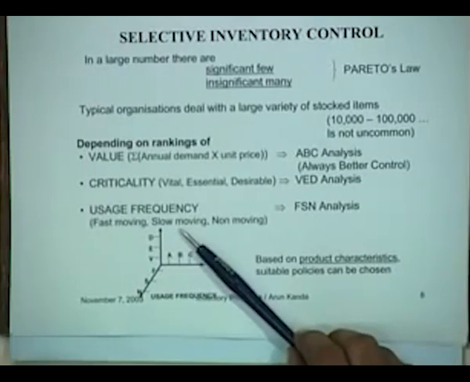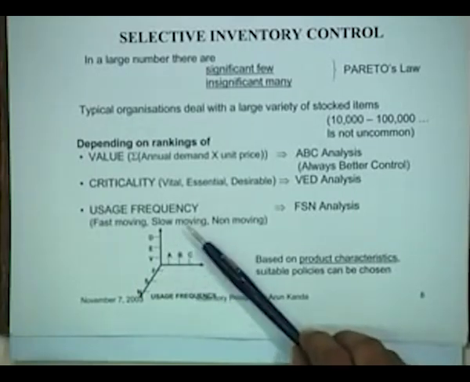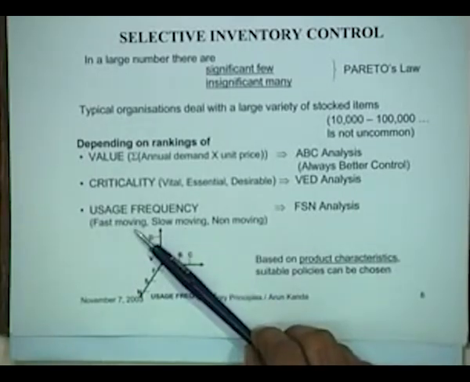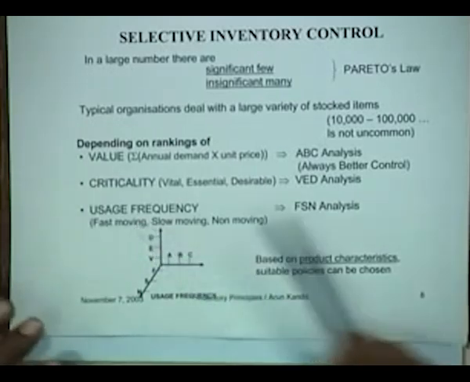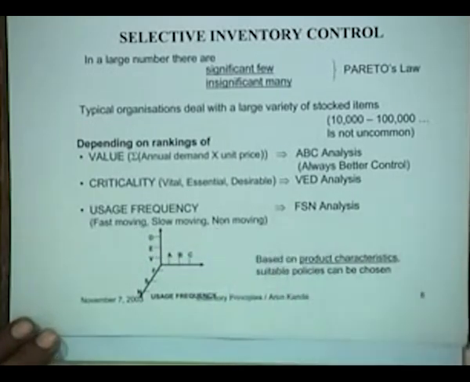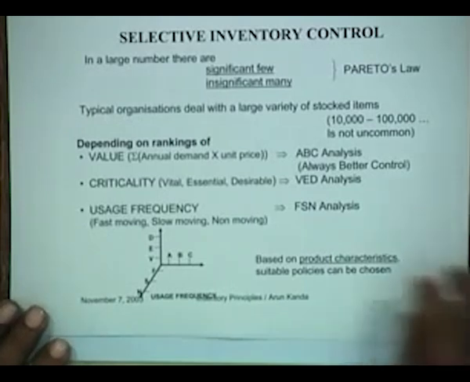There could be slow moving items if the usage frequency is less, and fast moving items, where every day there are requisitions. Normally with non-moving items, the problem is not of inventory control but of designing optimal stock disposal policies, because you should not be stocking them. Items which have become obsolete, for instance, could become non-moving.